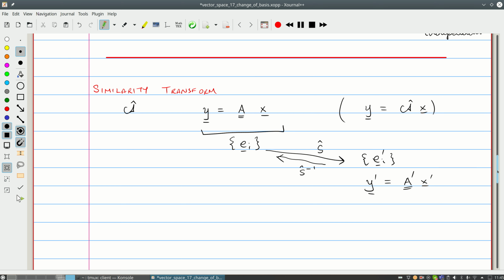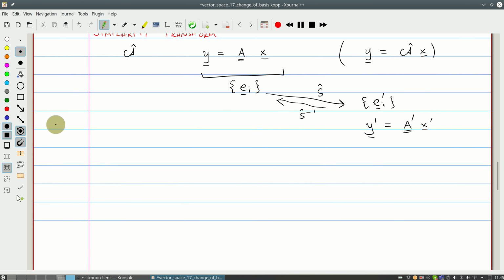So first of all, the components of y, and actually that's what I really want to do. So let's state the problem here. This is the main problem. How is A prime related to A? Okay, so that's the question we want to answer.